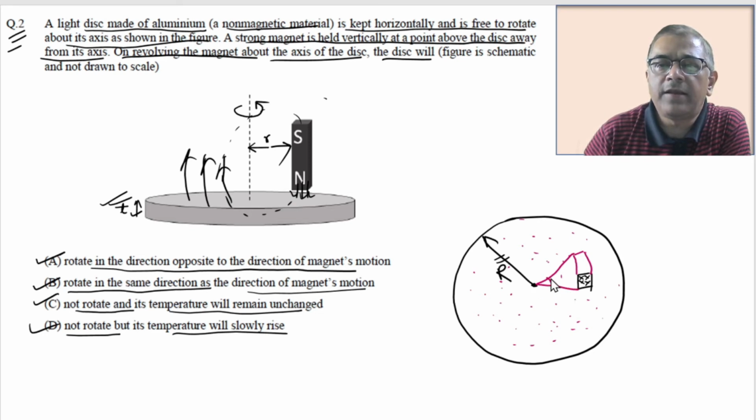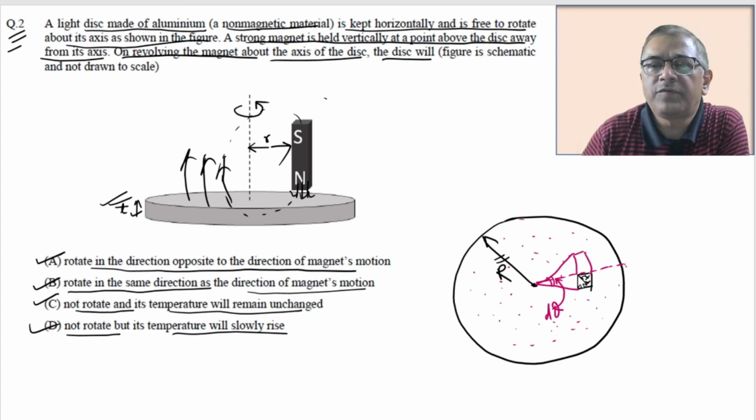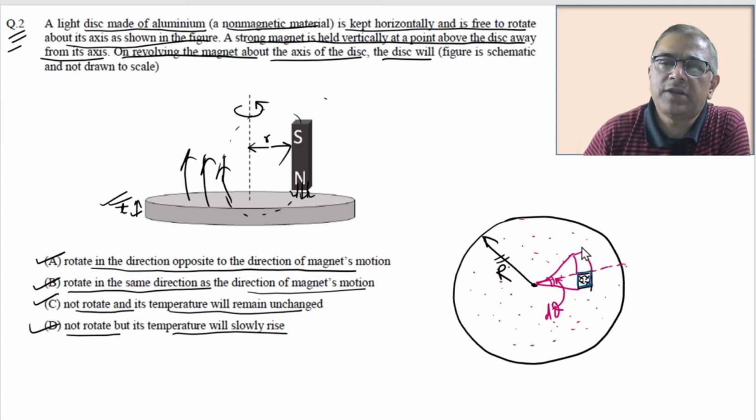So this is the angle by which the magnet has rotated, d theta. Now as the magnet rotates, let's see what happens. So this was the region through which magnetic field lines were entering. Is that right? Now as the magnet is rotated, what will happen?